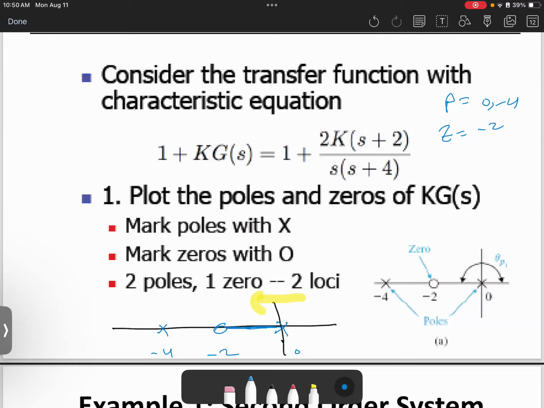Then after -2, the number of poles and zeros is 2, so between -2 and -4 is not counted. Then at -4, the number of poles and zeros is 3. Therefore, it is odd, so start counting. This one will go toward -infinity, and the other will go toward the zero at -2. So at the end, when k equals 0, the poles are located at 0 and -4.